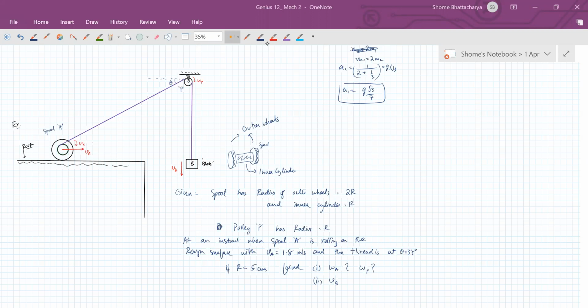Okay, so this question is a little bit more complex. Let's understand each element at a time. So the easiest part is of course the rolling motion of the spool. That's pretty easy to figure out.